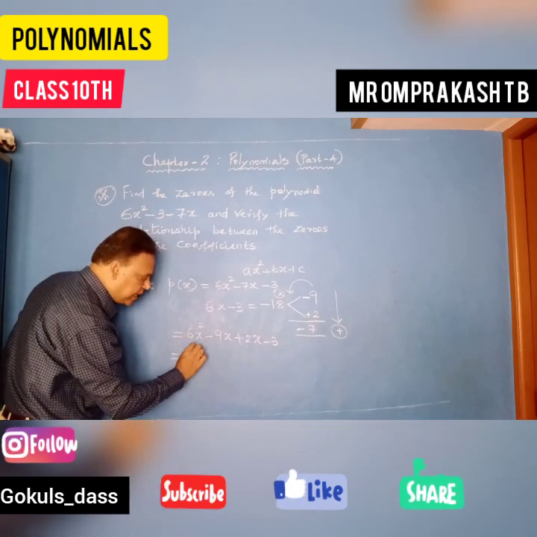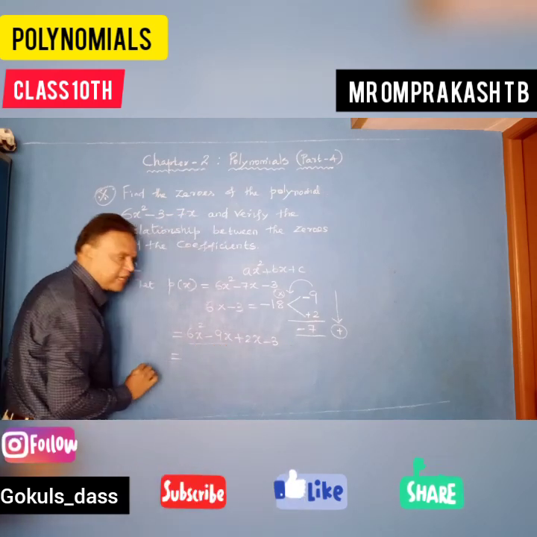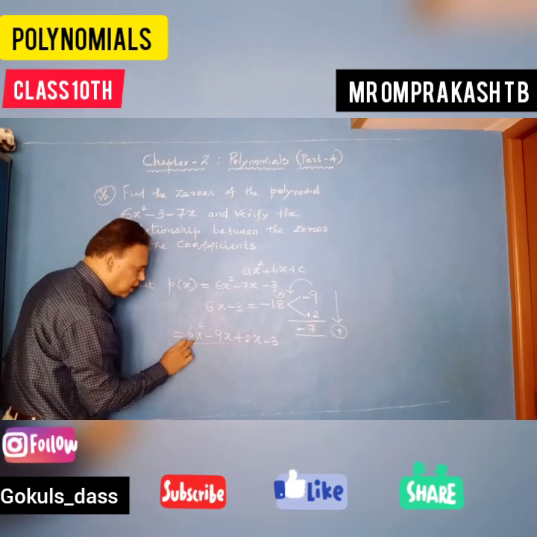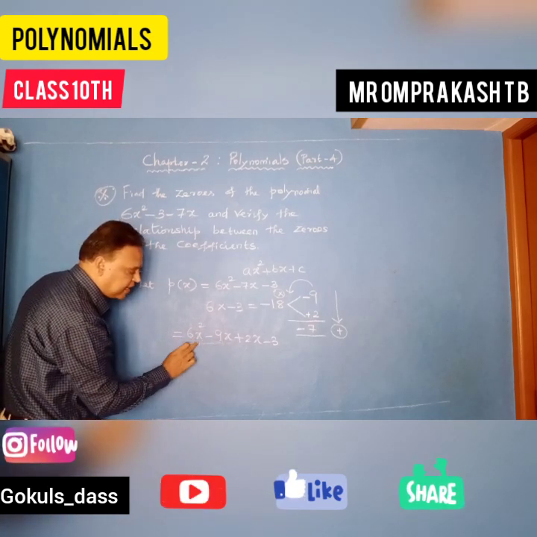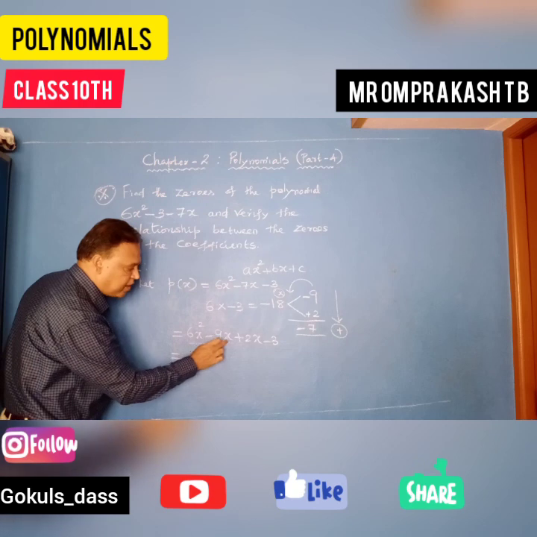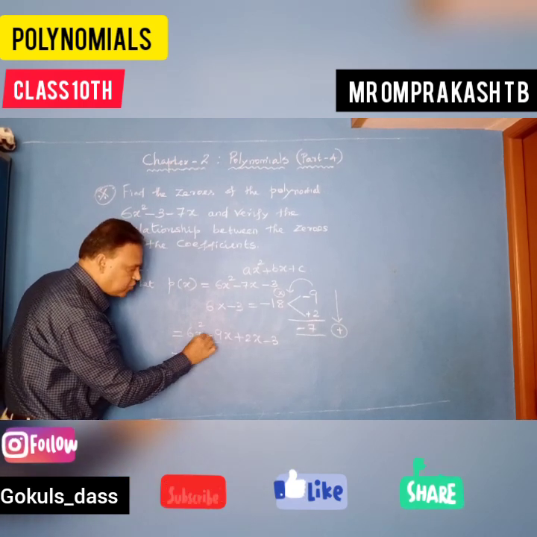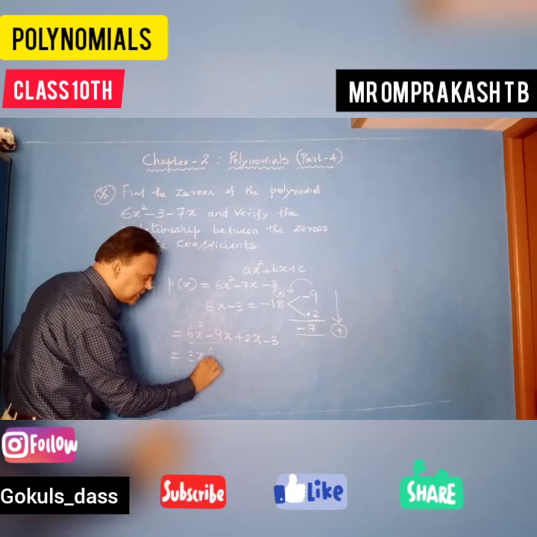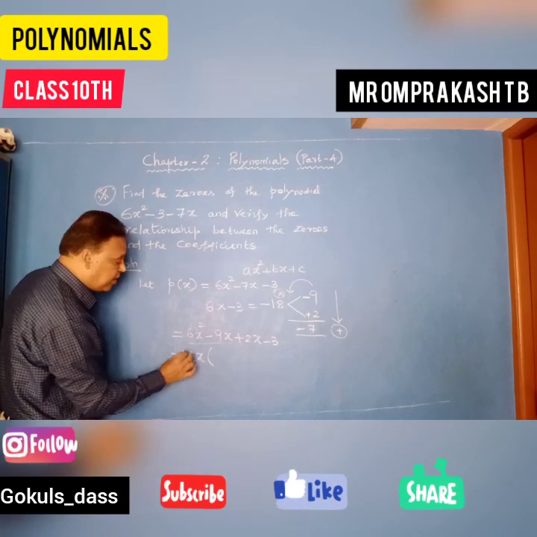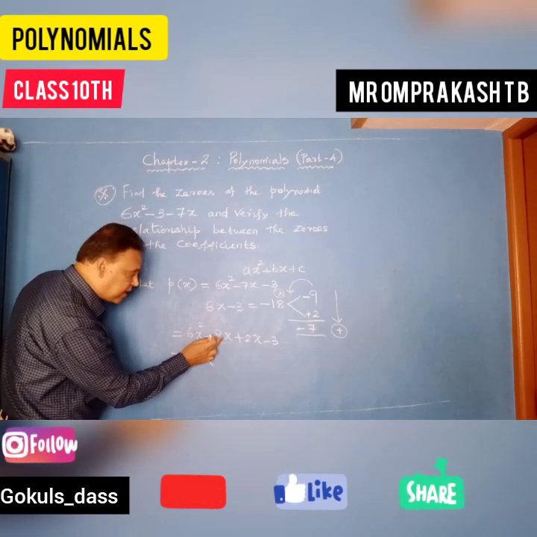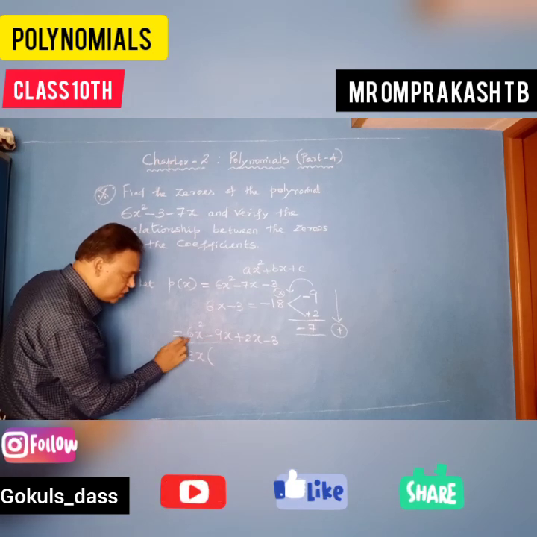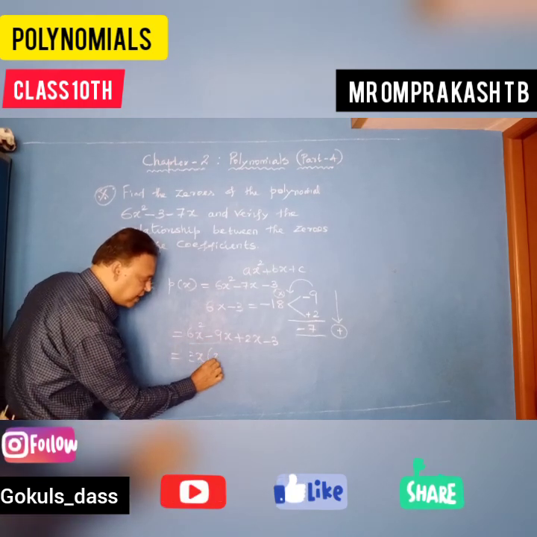Next, you take the first two terms. In the first two terms, what is the common factor? You have to find the common factor. Here for 6 and 9 the common factor is 3, and for x squared and x the common factor is x. Clear? Now when you take 3x common in these two terms, what will be the remainder here? 2x.